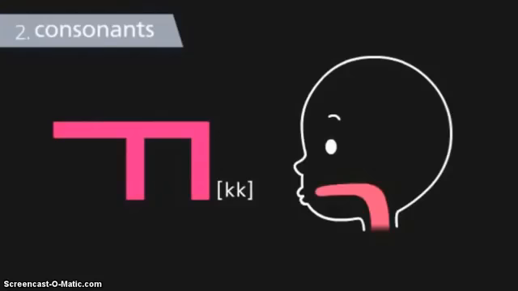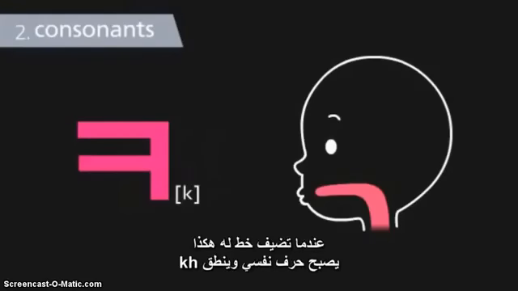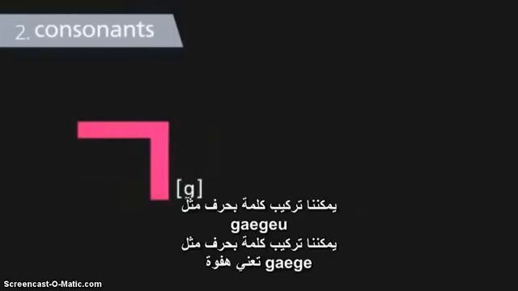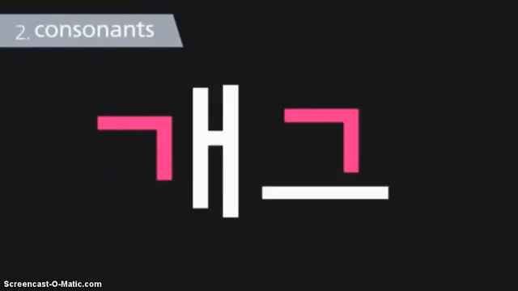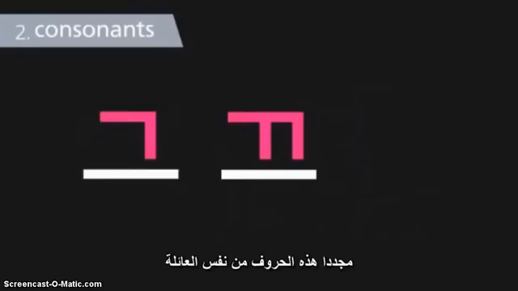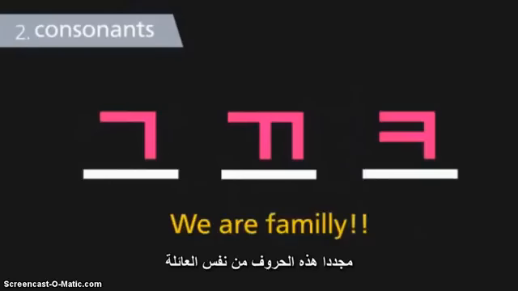And when you draw one more stroke on it, you can hear the breathy sound ku. You can make a word with vowels, for example, gag-gu, and gu, gu, ku are in the same family.